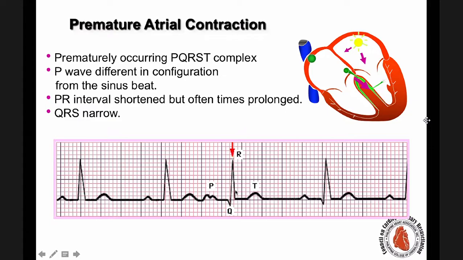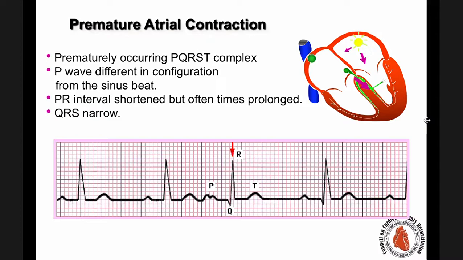So just to clarify, a premature atrial contraction is a beat that is earlier than expected. There is a different contour or configuration of the P wave, which signifies that the origin of the electrical impulse is not coming from the SA node. The PR interval most of the time is narrow or shortened, but it's not a hard and fast rule.